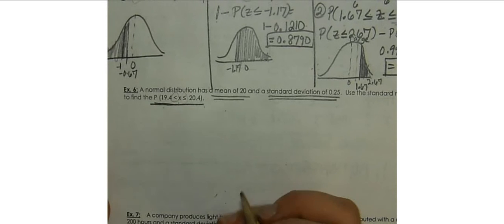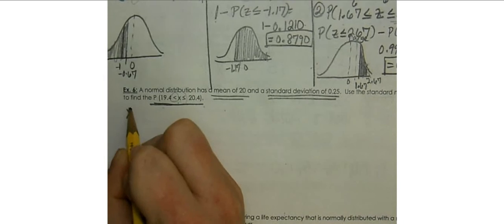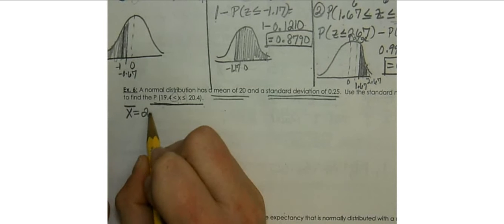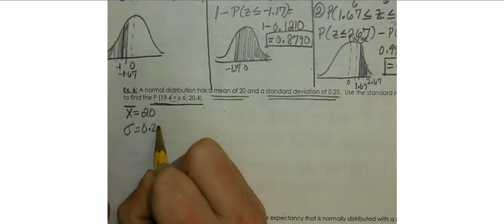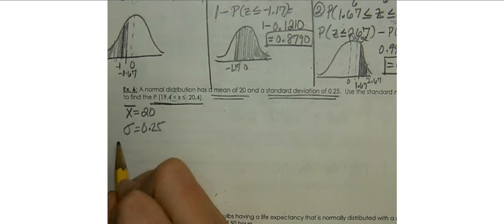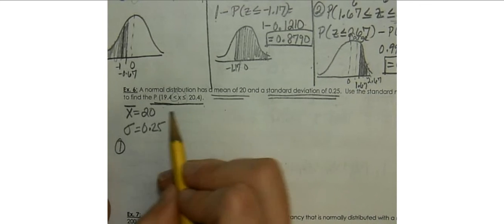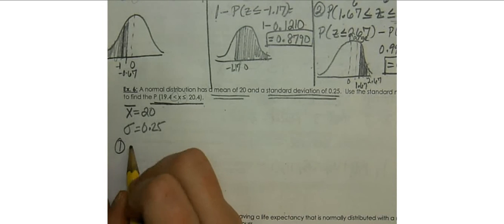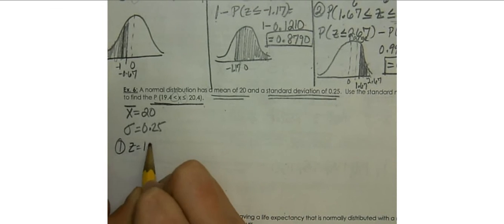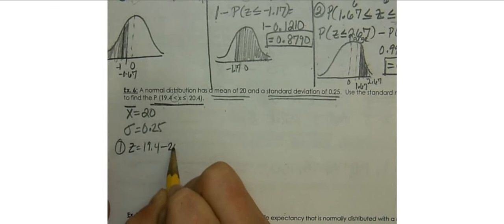So what we do know is that x bar is equal to 20, and we know that our standard deviation is equal to 0.25. So the first thing that I want to do is convert 19.4 and 20.4 into z-scores. So I'm going to write z is equal to 19.4 minus 20 divided by my standard deviation, which is 0.25.